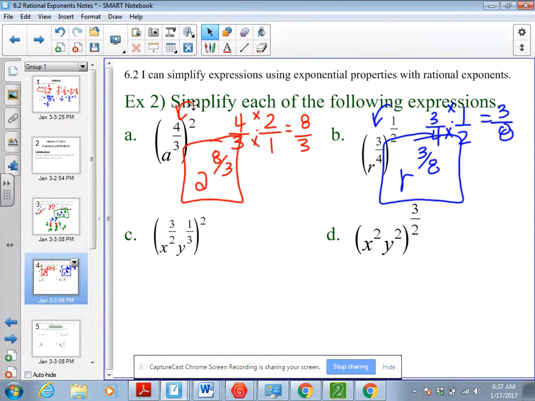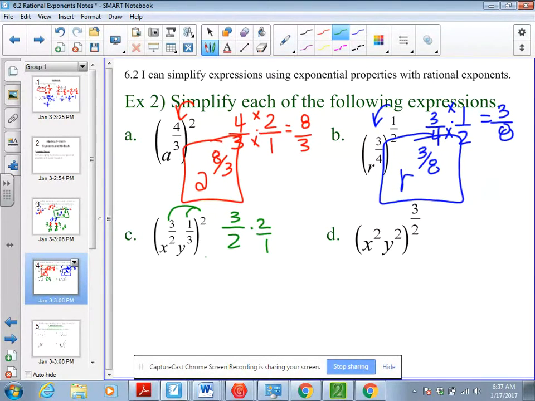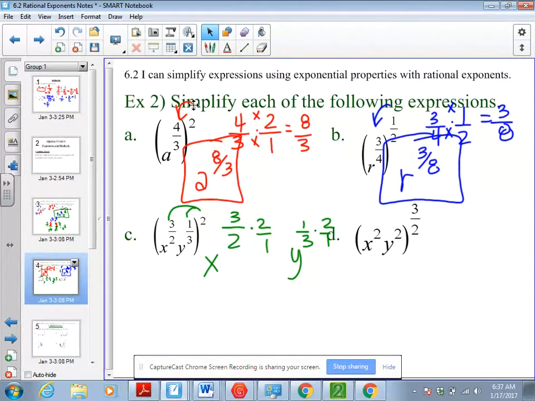Now we remember that we distribute that exponent to all other exponents in the base. So I'm going to have 3/2 times 2/1 for x, and 1/3 times 2/1. So this one is going to become x to the 6/2.